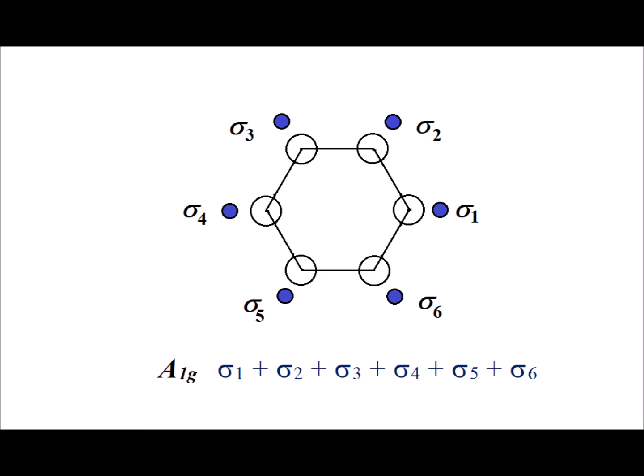Therefore, by both the Kim method and the traditional projection operator method, we can set up the linear combinations of the hydrogen atoms in exactly the same way as we did with the carbon atoms. And since we've already worked it out for the carbon atoms in terms of sigma 1 through sigma 6, we can immediately write down the results.